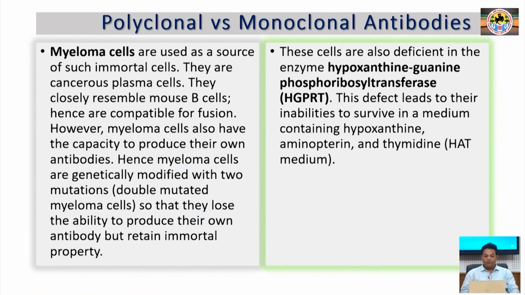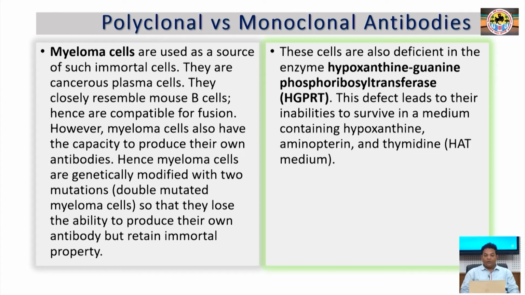Now, one important property these cells possess at the biochemical level is that they are deficient in the enzyme hypoxanthine guanine phosphoribosyl transferase, HGPRT. Simply, we can say the HGPRT enzyme. This HGPRT enzyme plays a very important role.